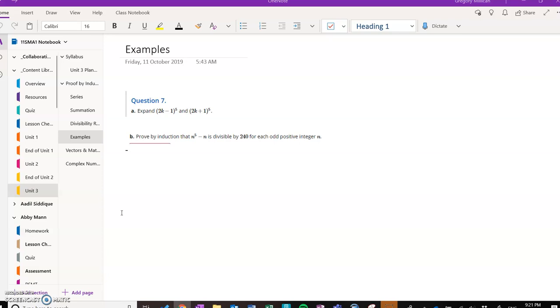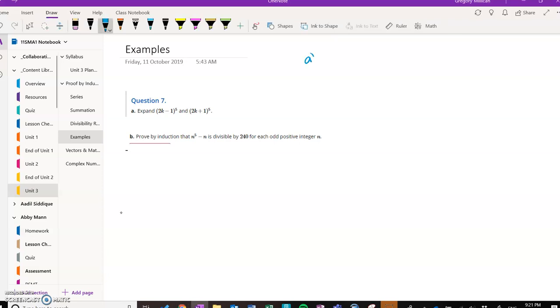So, expanding (2k minus 1) to the power of 5, I'm going to do these up here. Now we're going to use binomial expansion. Binomial expansion involves the first term raised to the power of 5 and the second term raised to the power of 0, and the second term is negative 1.